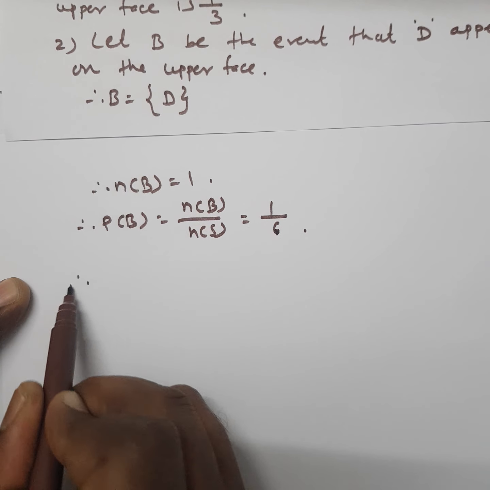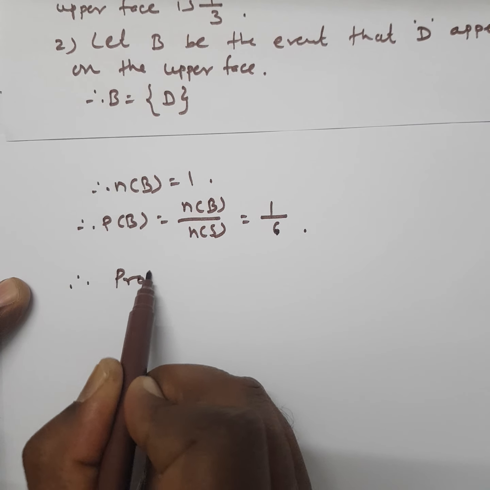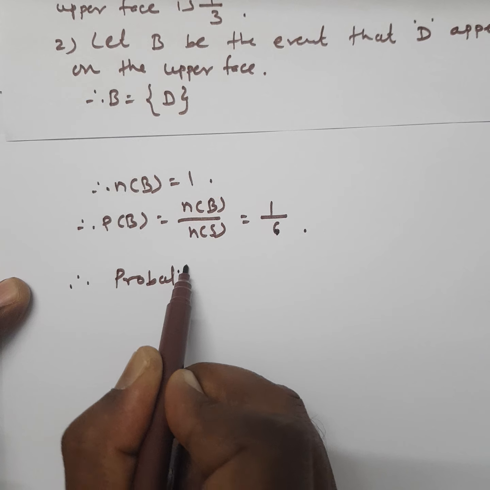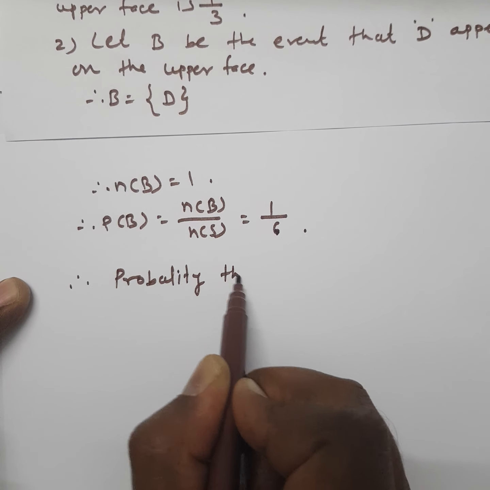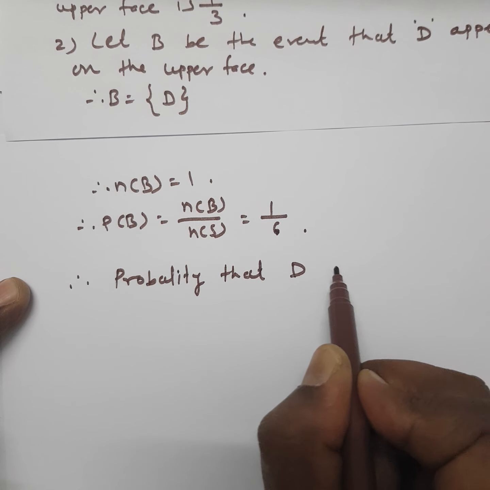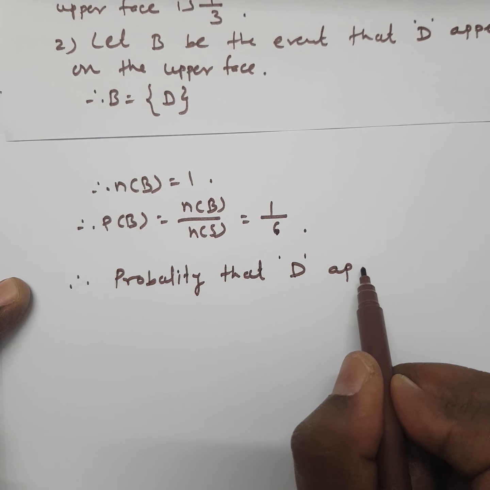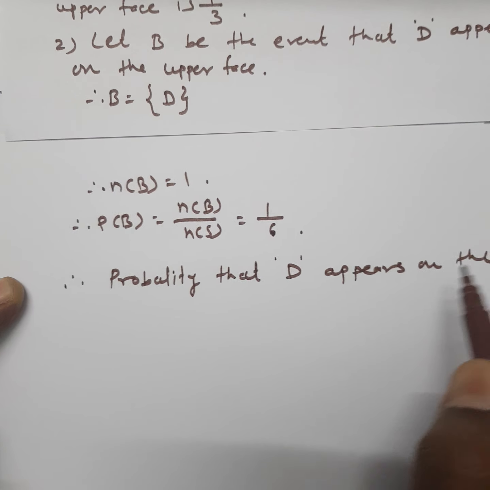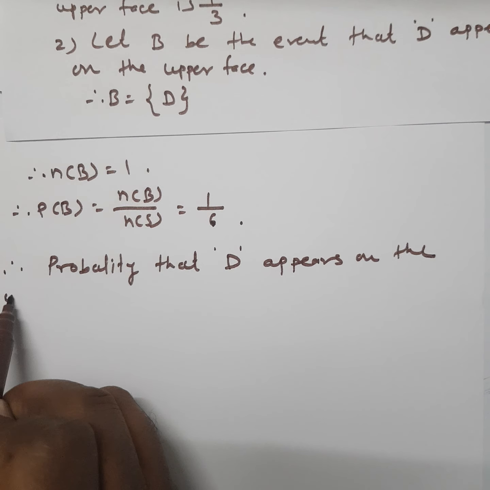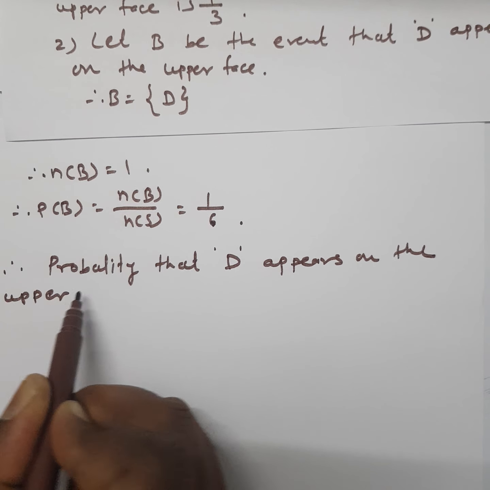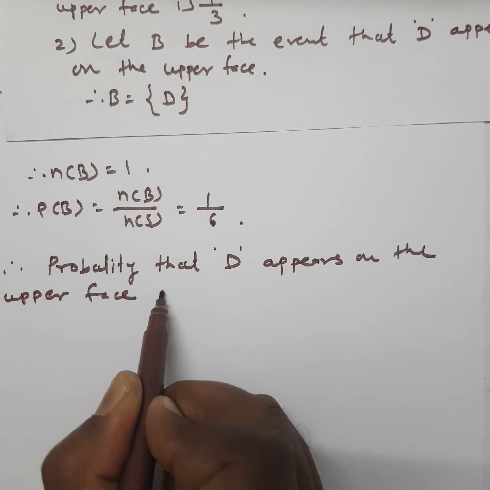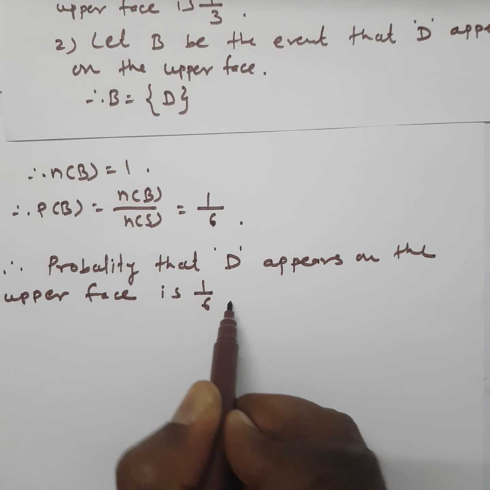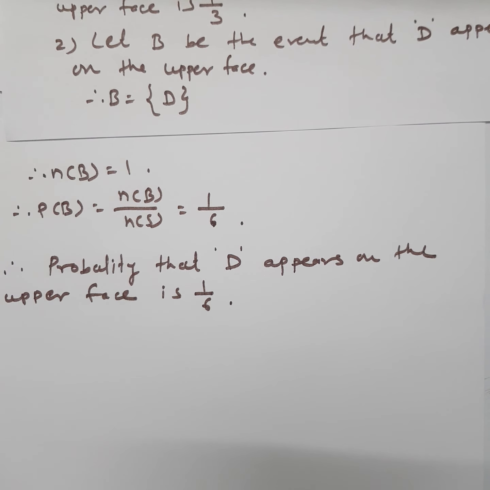Therefore probability that D appears on the upper face is 1 upon 6. Here we have solved examples up to example number 7.